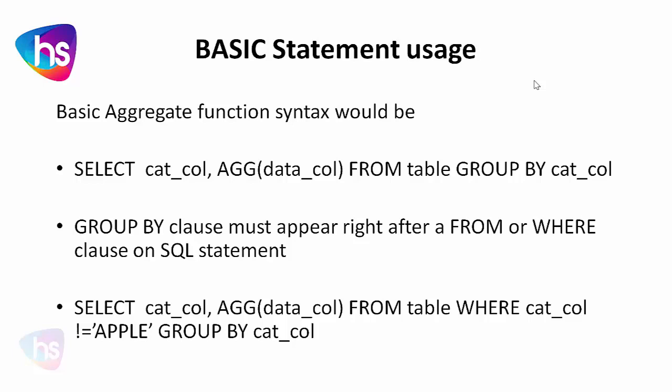It may be a single table or multiple tables, with data from different sources. And group by the category column, which removes duplicates and makes a single group. This is the way you have to prepare an SQL statement and try to get a proper output successfully.